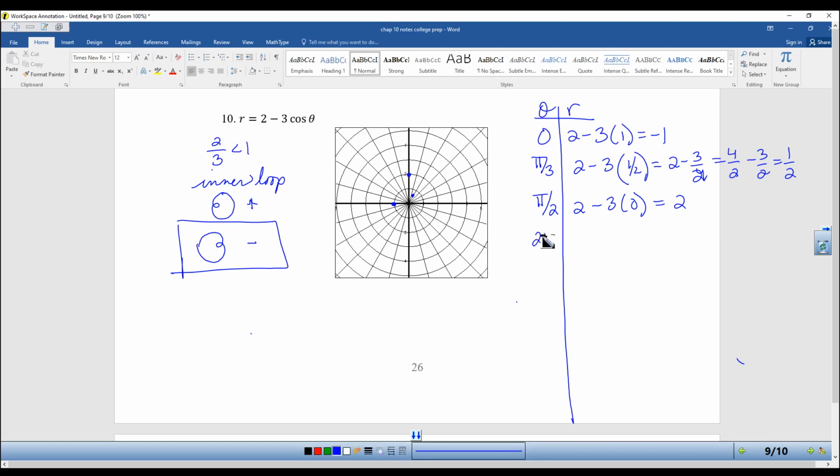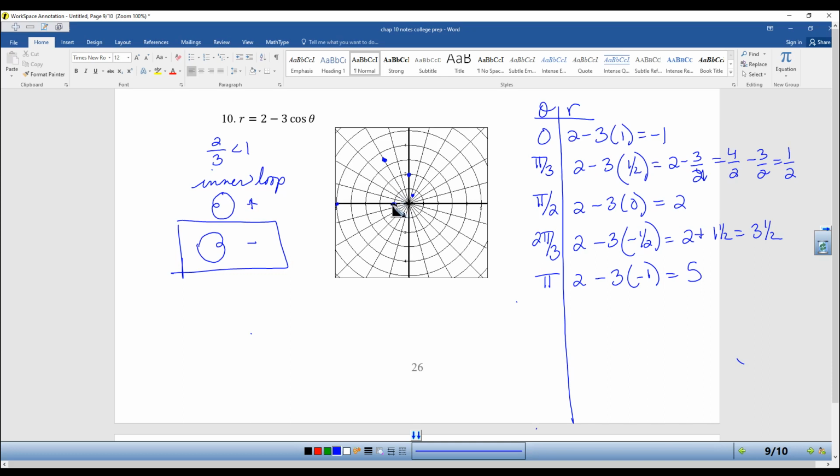So then 2pi/3 is 2 minus 3 times -1/2, which is 2 plus 1/2, which is 3/2. So I'm at 2, and now at 2pi/3, I'm at 3/2. And then at pi, cosine of pi is -1, which is going to put me at 5. So I'm all the way here at 5.